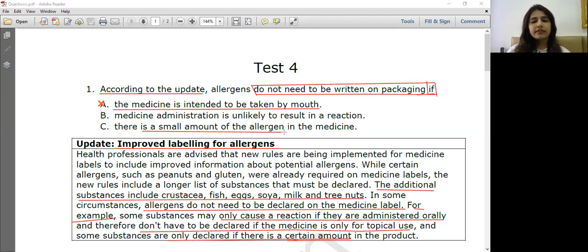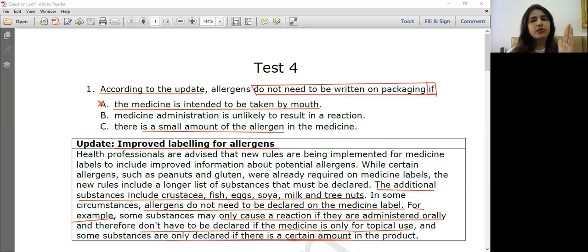Okay, and then we'll have to also remember the fact that these are examples. That means I have to choose an answer option that combines both of the examples. So what I can understand from both these examples is that if the medication is likely to cause reaction if it is taken orally, but if I'm giving a topical medication, it would not be required, which means if it is topical medication, it will not cause reaction.